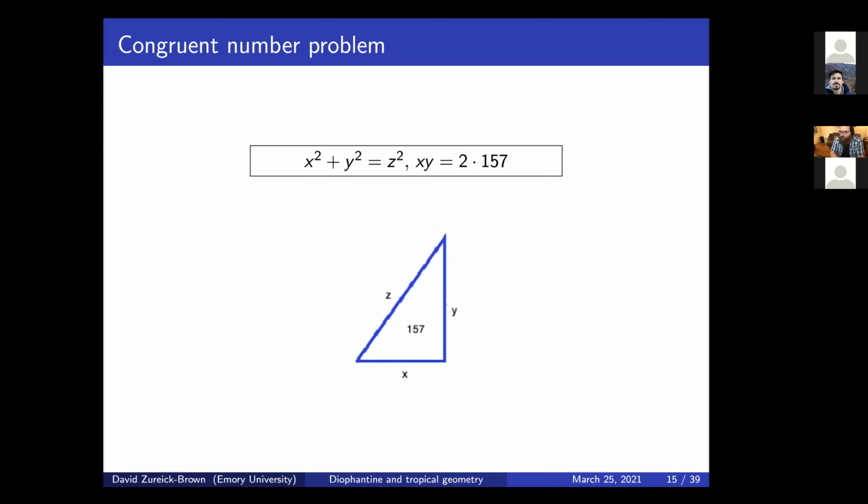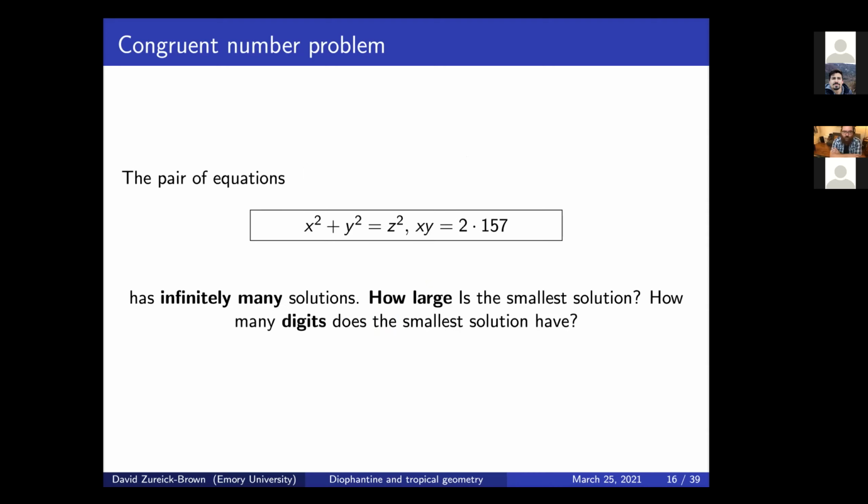So what's interesting about 157 is that if you assume $1 million worth of conjectures, meaning the Birch and Swinnerton-Dyer conjecture, that conjecture predicts for you, or if that conjecture is true, it tells you that there is some solution to this pair of equations in rational numbers. But the conjecture doesn't tell you what the solution is. It only tells you that there is some solution. So this pair of equations, in fact, has infinitely many rational solutions.